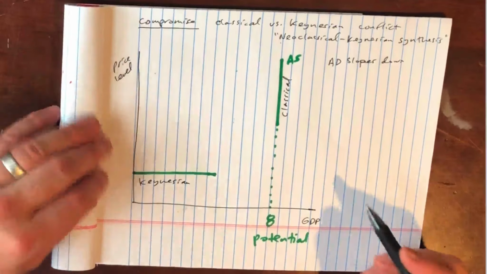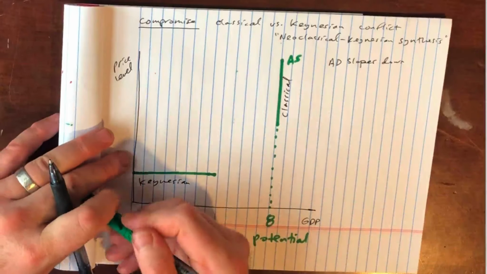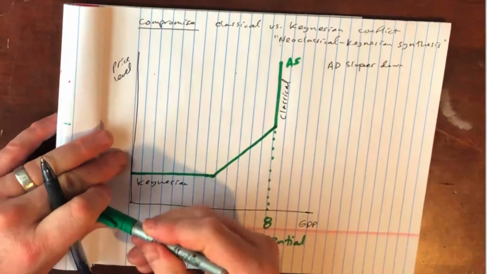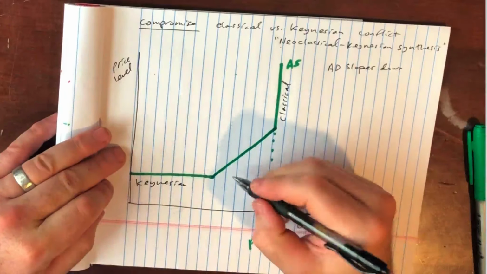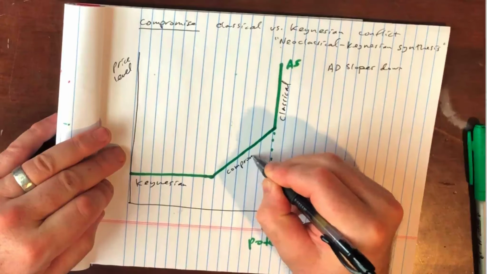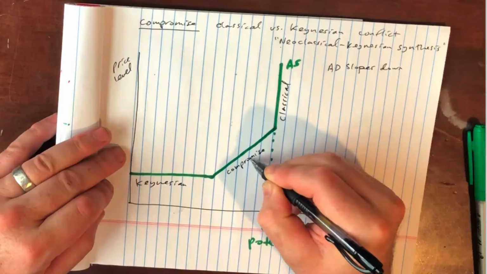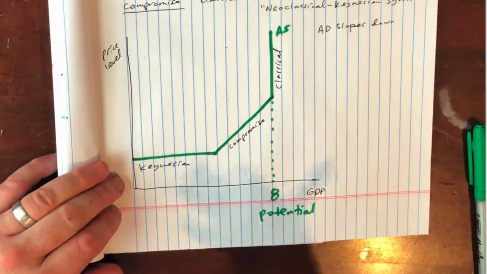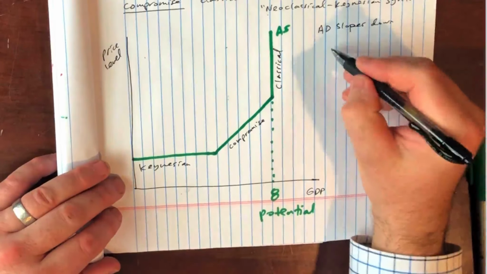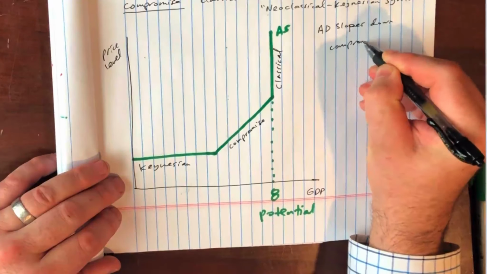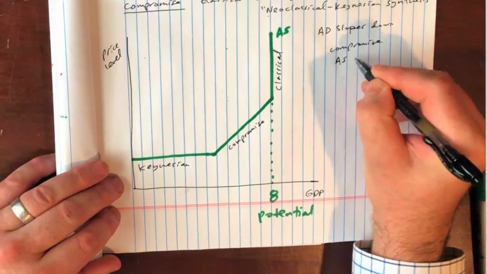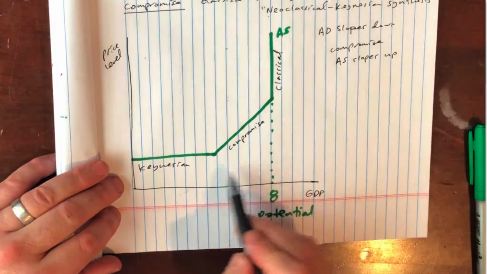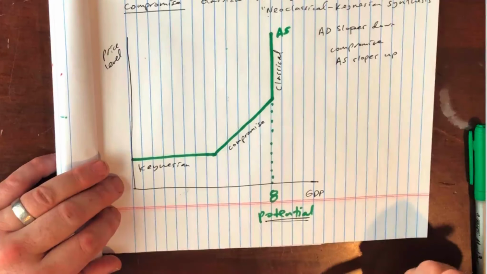The compromise is to say that in the middle, the aggregate supply curve is upward sloping. Okay, so that's the compromise. Aggregate supply curve is upward sloping, and sometimes this was done by bringing in, okay, this compromise, AS slopes up as we get closer to the potential level of GDP.